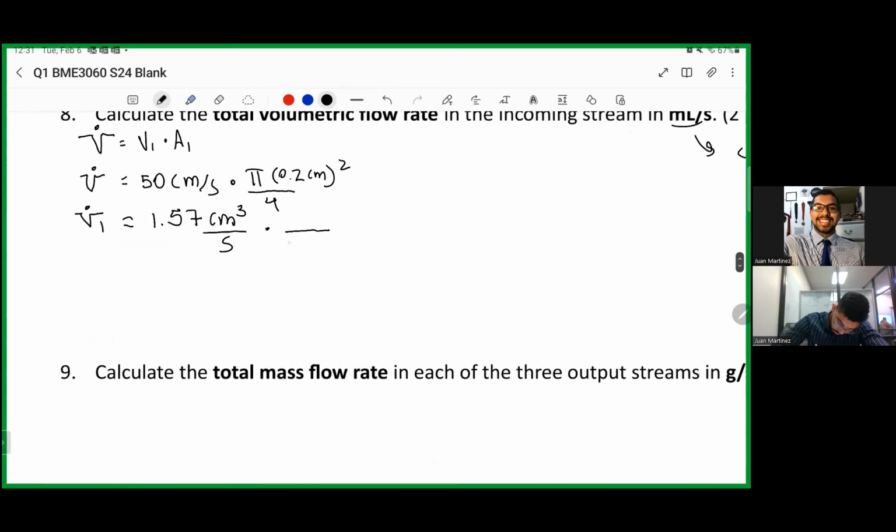So 1 cubic centimeter is equal to 1 milliliter, so we can cancel out the centimeters. So we get that the incoming volume is 1.57 milliliters over second. That's our final answer. Let's box it.